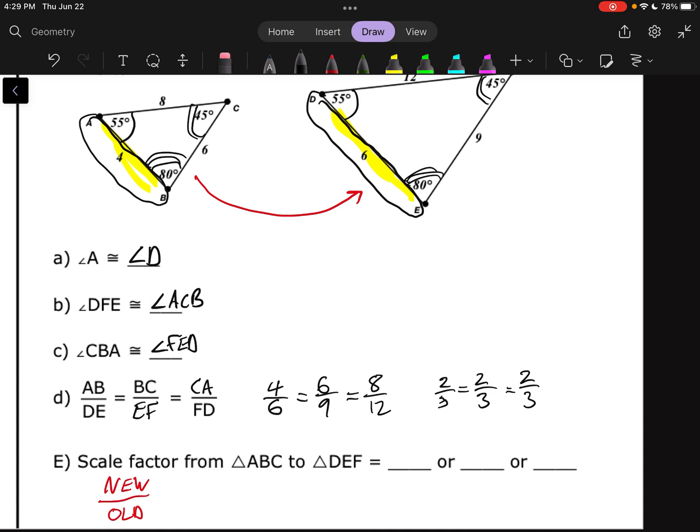The new shape is DEF because we're going from ABC to DEF. So that would be 6 divided by 4. Simplified, that's 3 over 2. And if you're getting bigger, then the bigger number should be on top. Or we could write that as a percentage. 3 divided by 2 is 1.5. 1.5 as a percent would be 150%.